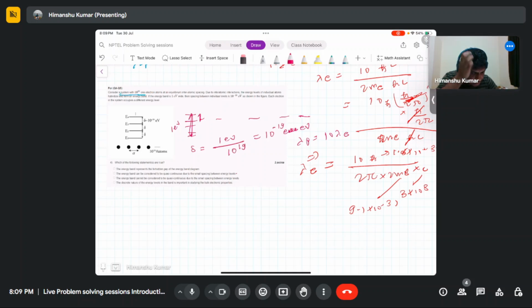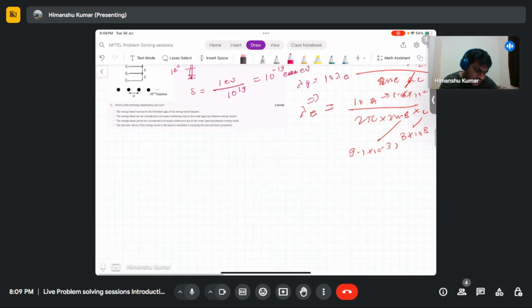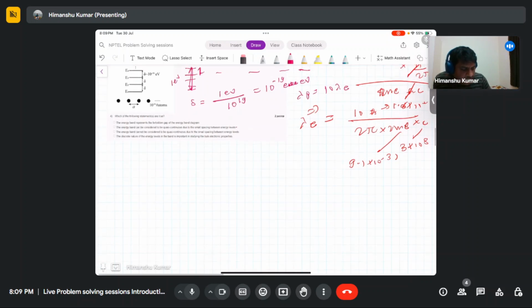Which of the following statements is true? The energy band represents the forbidden gap of the energy band diagram. No, the forbidden energy gap does not come from that.